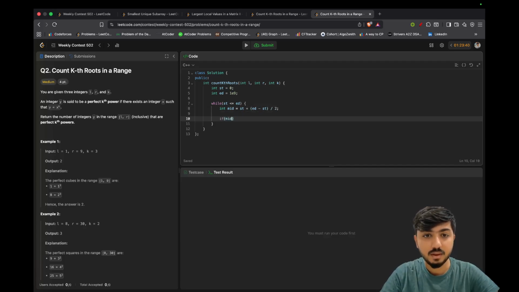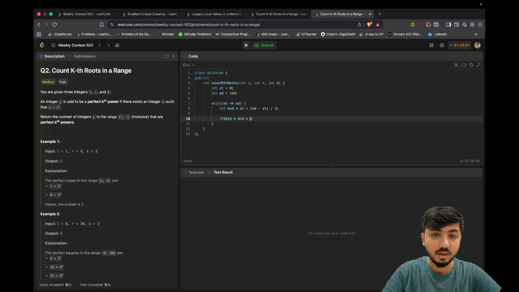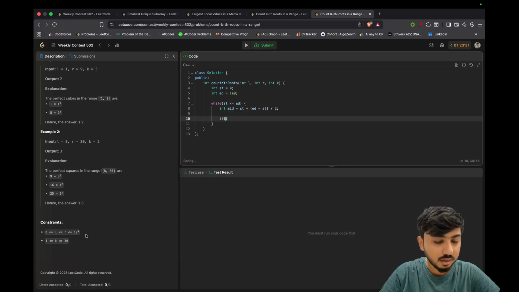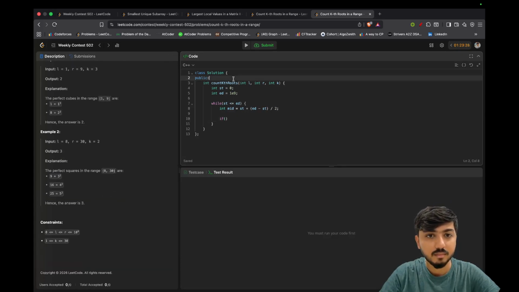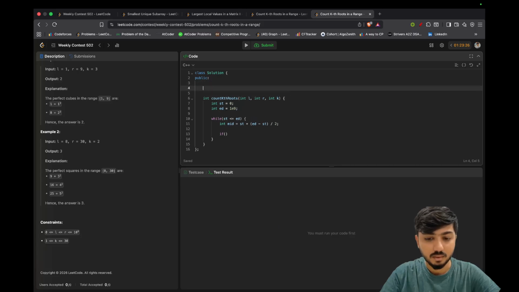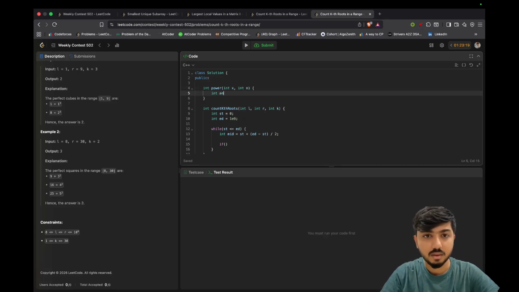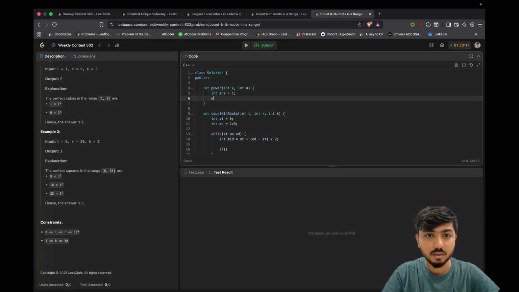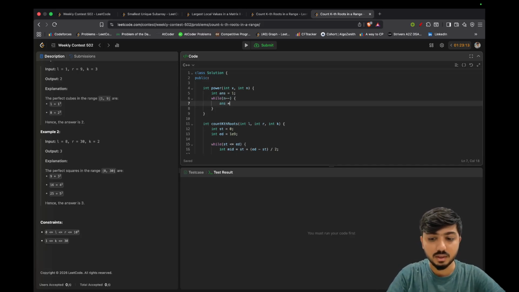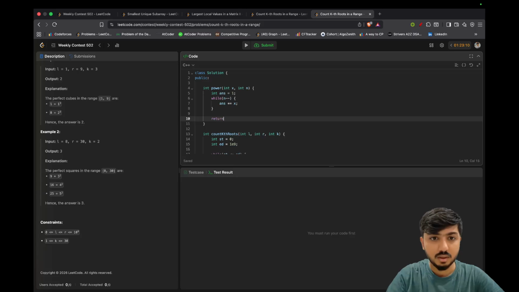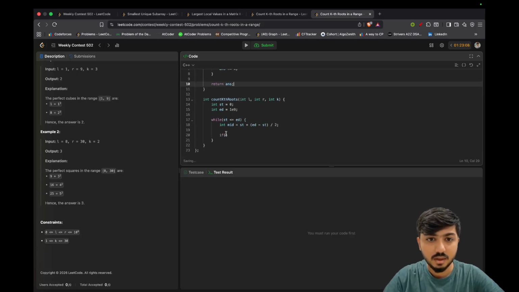If mid into mid, no, power, right? And what's the x to the power n? N minus minus, answer into x, return answer.